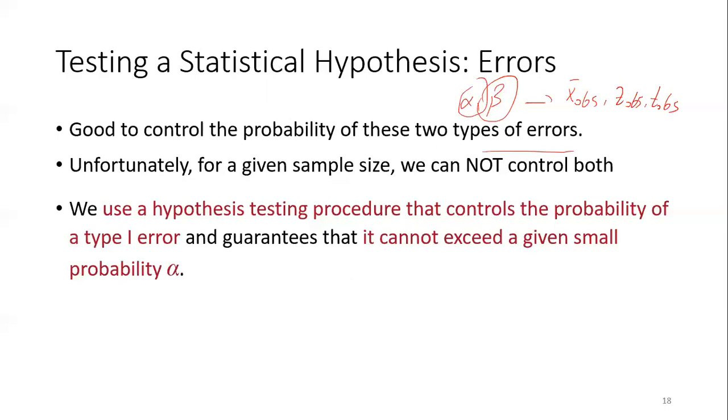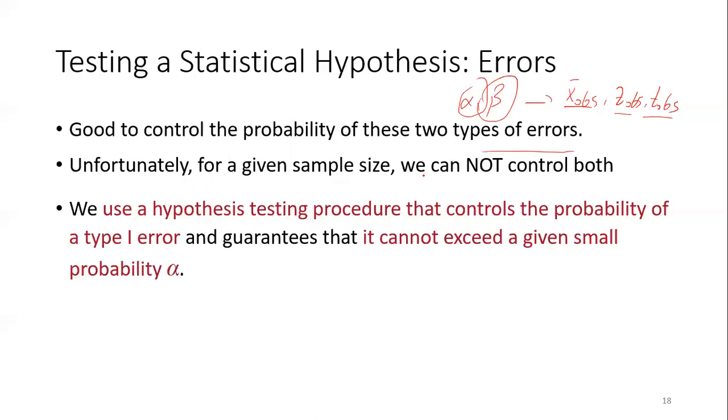So before making any measurement, you determine alpha, beta, and other parameters, defining the probability of the errors you may make. Alpha and beta have nothing to do with x bar observed, z observed, or t observed. They just depend on the critical region.